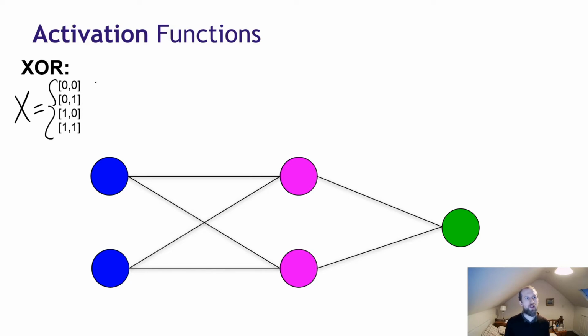The idea is this is meant to be an exclusive OR. So you can have either one or the other, but not both. Which means that 0, 1 and 1, 0 should both go to 1. And when these two numbers are the same, they should go to 0.